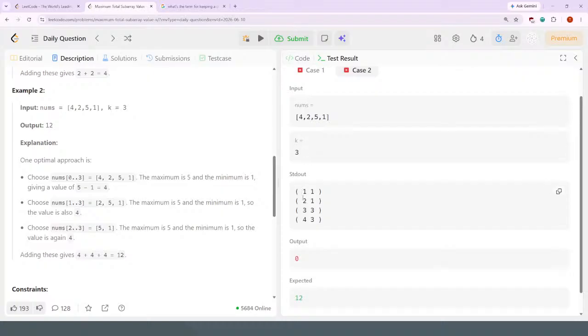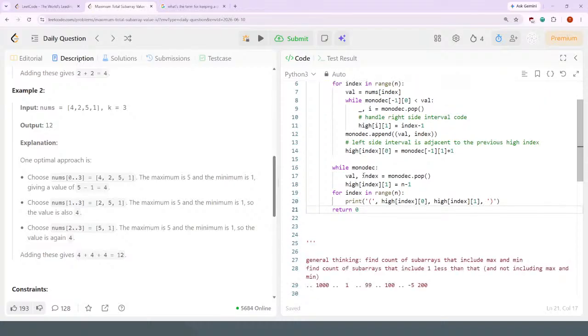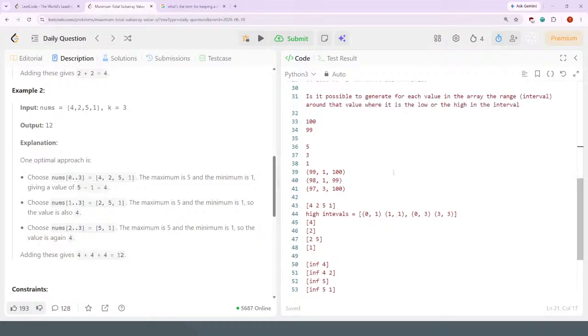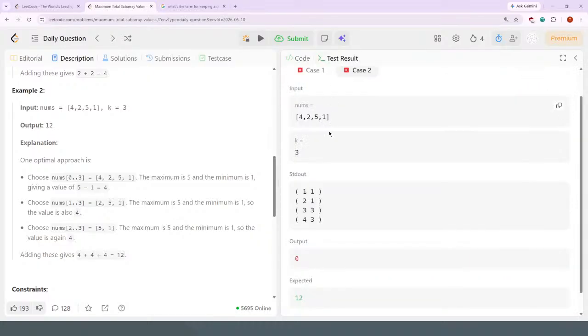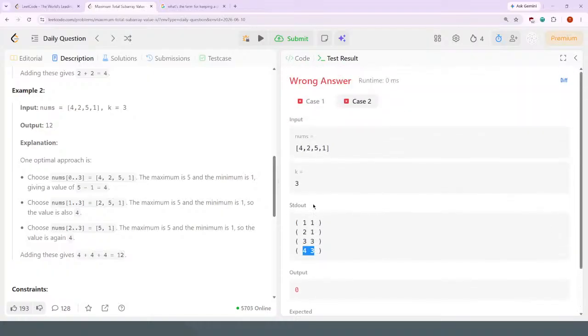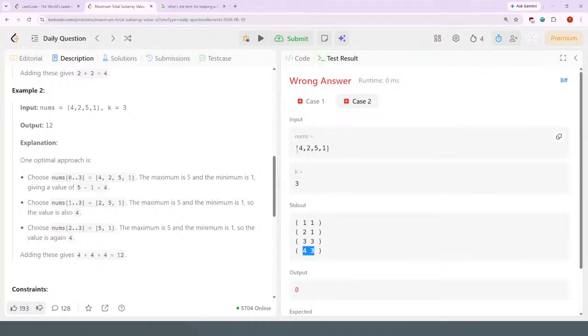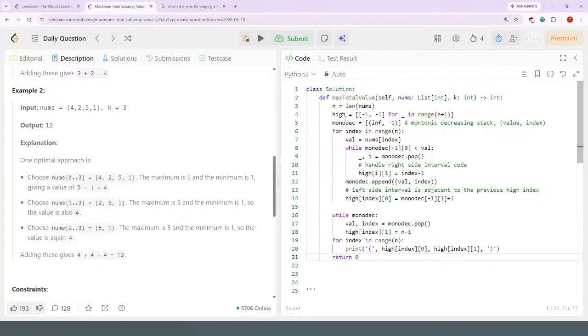Not quite. 1, 1. I was hoping for 0, 1, 1, 1, 0, 3, 3, 3. This is pretty far from the correct answer. So it starts out with infinity, -1.